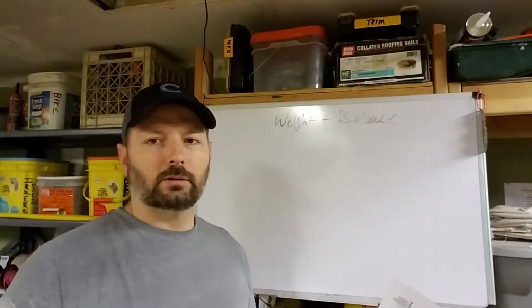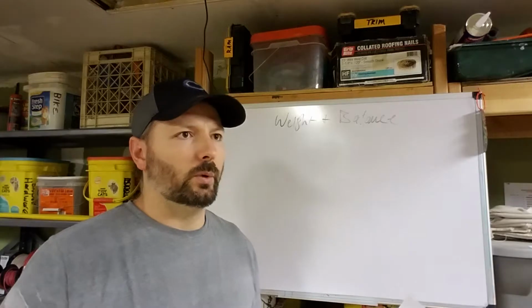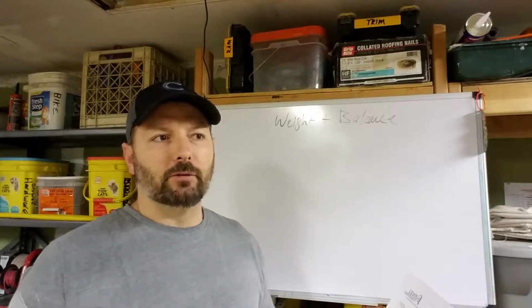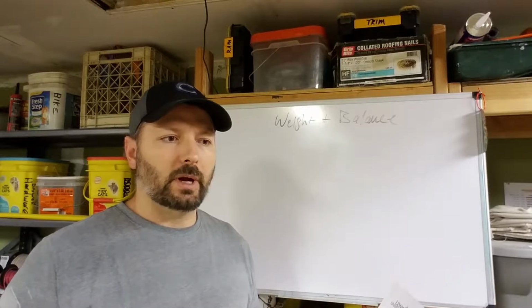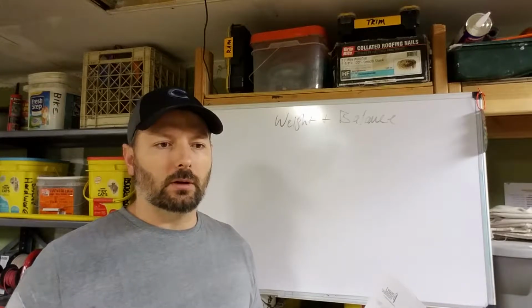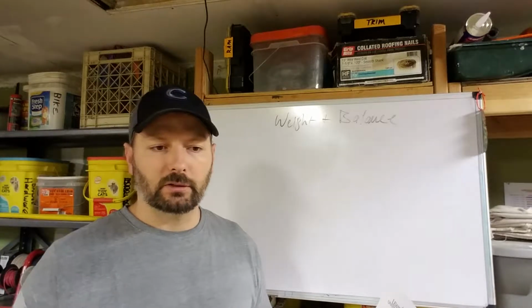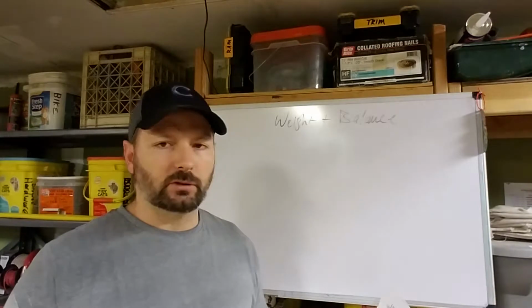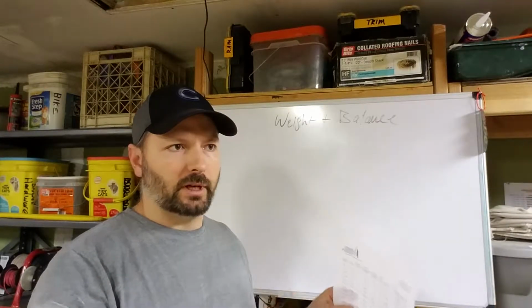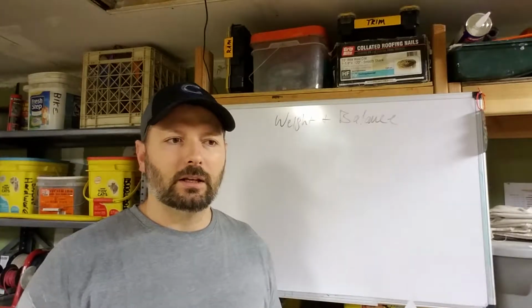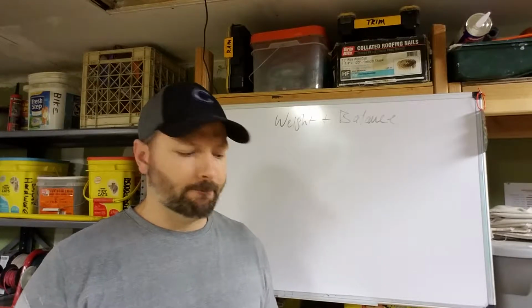Basic empty weight is the weight of the aircraft and the weight of the fluids for the engine, minus your fuel capacity, no passengers. It's basically the airplane as it sits if it didn't have any fuel in the wings.